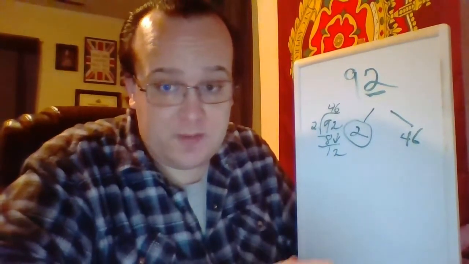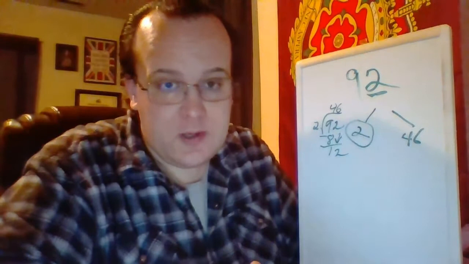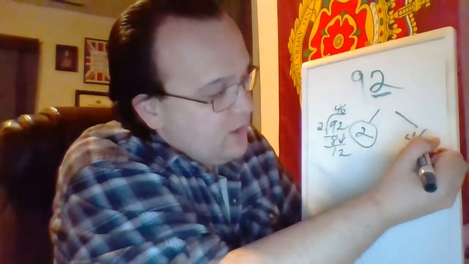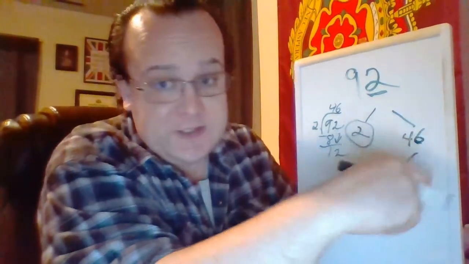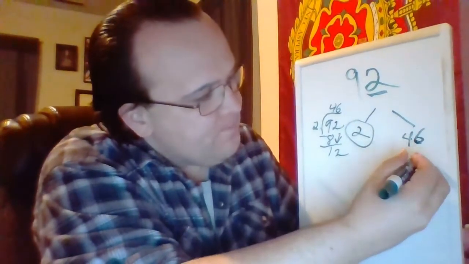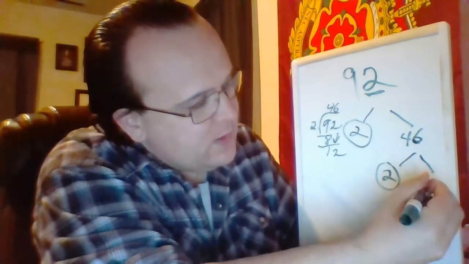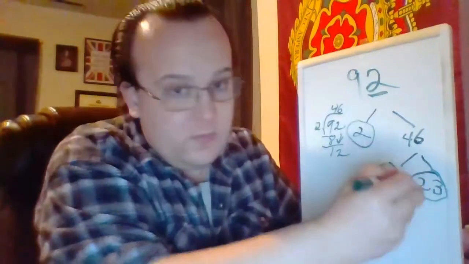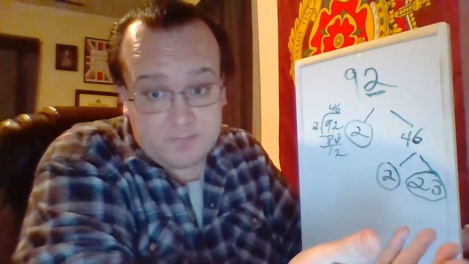All right, we're off to the races here. We've got our first step. Now 46, again, it's another bigger number. I know 2 goes into it because it's even. Any even number 2 will go into. So 2 and 23. 23 in itself is a prime number, so we're done.